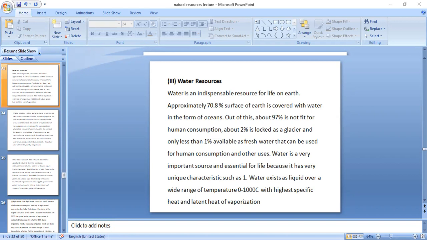So, transpiration is a major factor which is responsible for altering the rate of hydrological cycle, because ट्रांसपिरेशन रेट का लोअर डाउन होना, ट्रांसपिरेशन रेट का बढ़ना, it has impact on hydrological cycle.